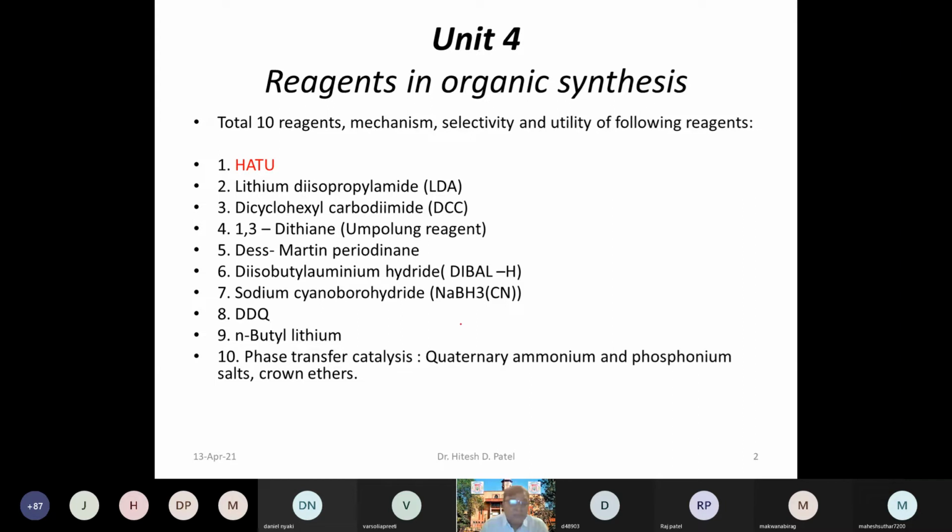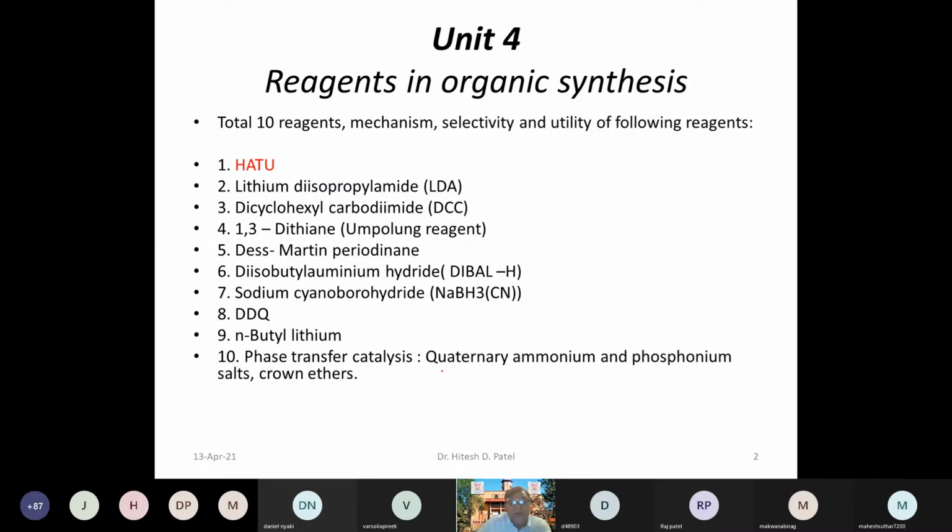But with the support of a phase transfer catalyst, we can carry out the reaction homogeneously, meaning your reagent or reactant in the organic phase and substrate in the aqueous phase, or sometimes it is reversed, your reagent or reactant in the aqueous phase and your substrate in the organic phase.